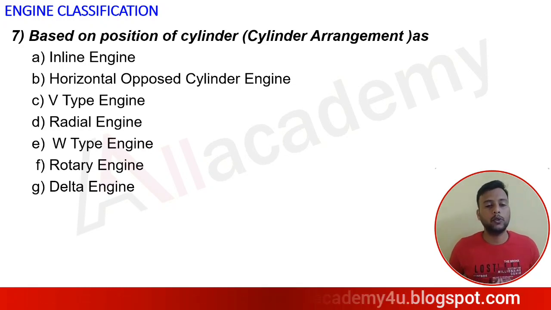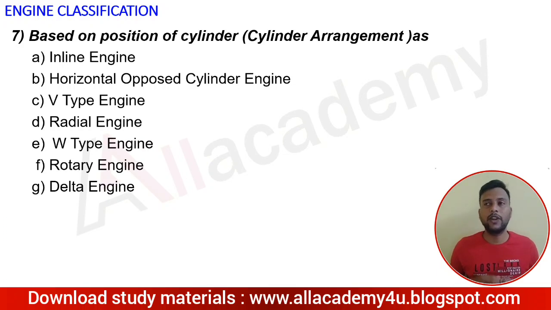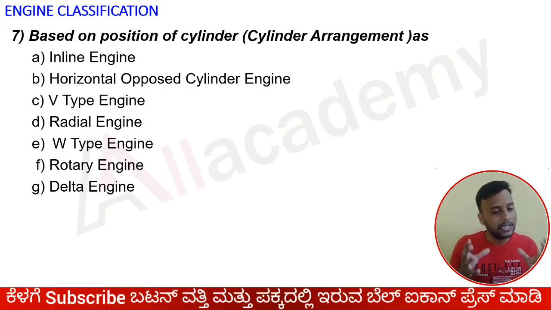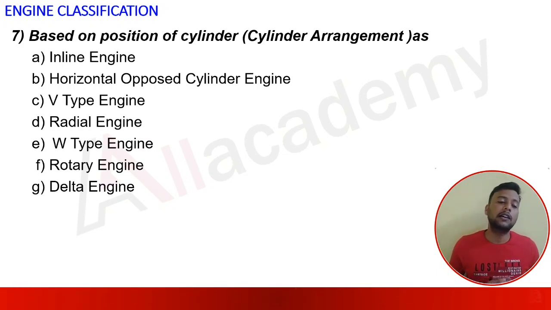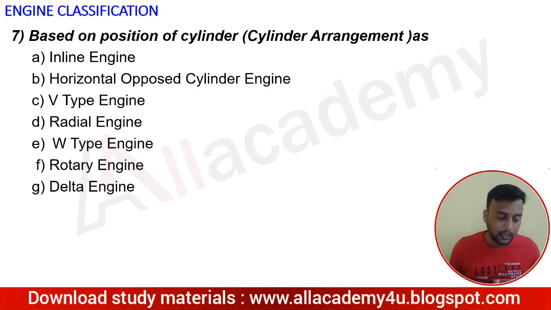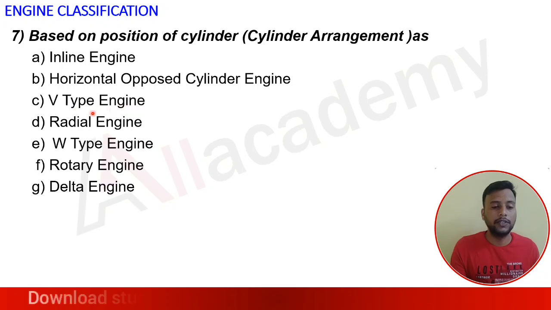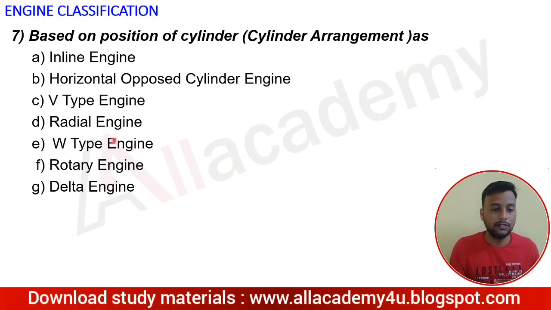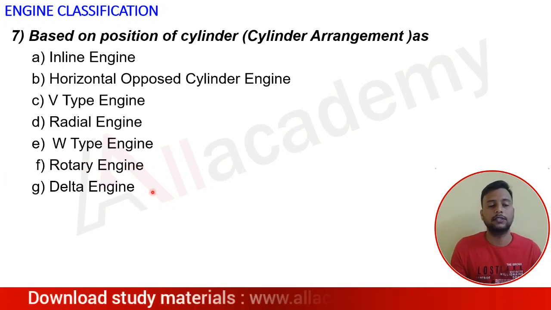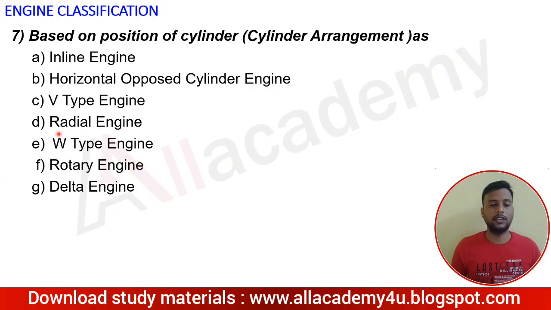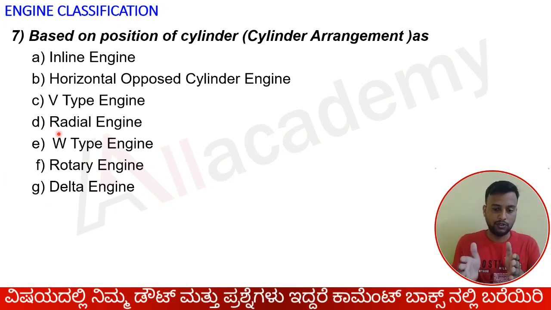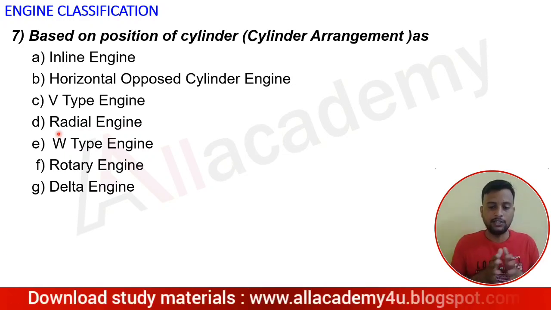Now, what does position mean? Where the cylinder is placed, how the cylinder is placed. Based on that, the engine classification is made. The first one is the inline engine, then the horizontal engine, then the V-type engine, then the radial engine, then the W-type engine, rotary engine, delta engine. So these are a few classifications based on how the cylinders are positioned in the complete engine arrangement.